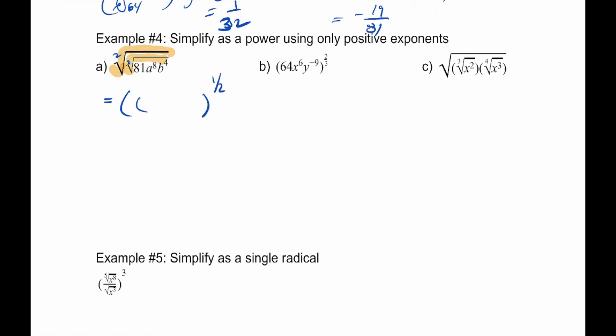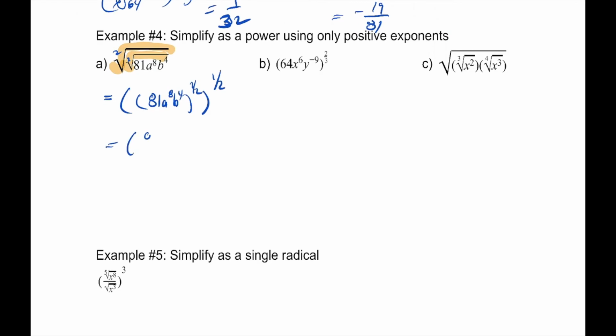And then we're going to do another square root in there, that's exponent 1/2, of 81 a to the 8th b to the power of 4. So we have 81 a to the 8th b to the 4th, to the power of a half, to the power of a half again. So this is going to be the same thing as 81 a to the 8th b to the 4th, to the power of 1/4, because a half times a half is a quarter, and I sort of distribute, or take the power to a power law.